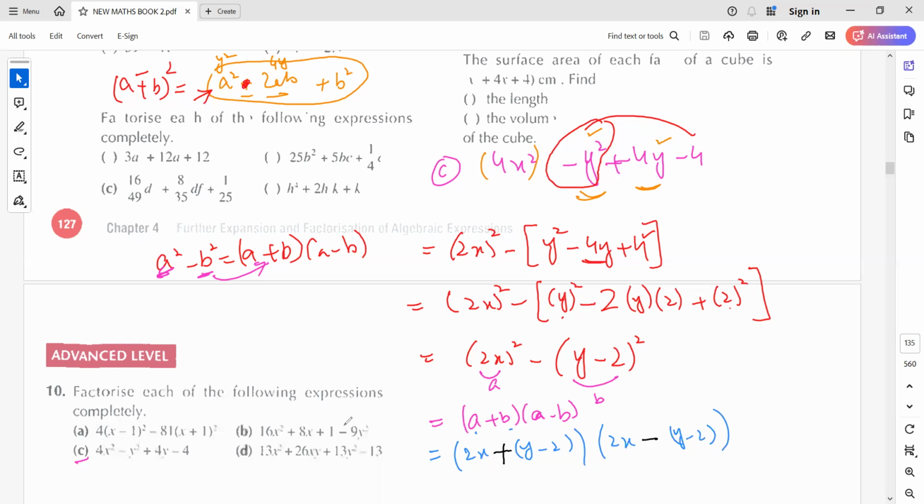Finally, I just need to simplify them. 2x plus y and plus negative 2, that is negative 2. And in the other, when you open the bracket, it will be negative y, and negative times negative 2 is positive 2. So that's the complete factorization of this part.